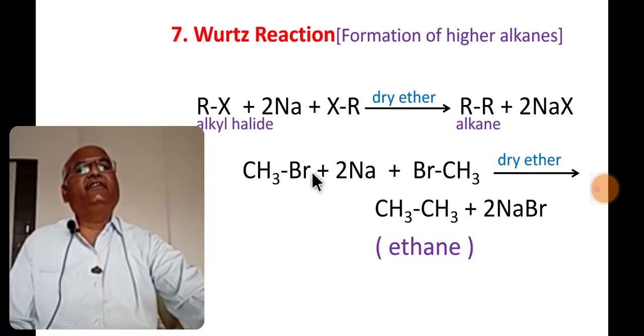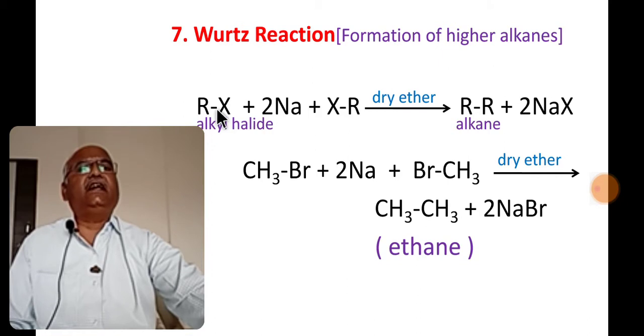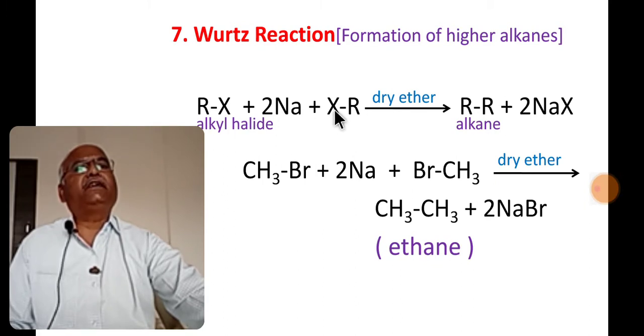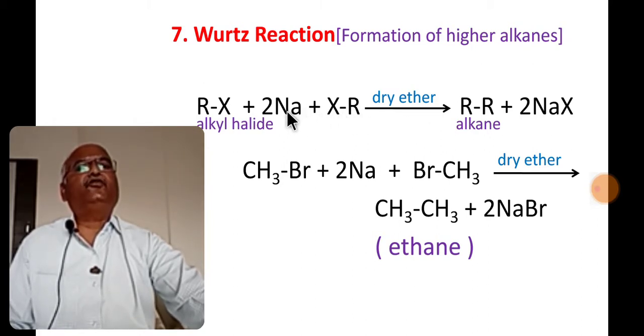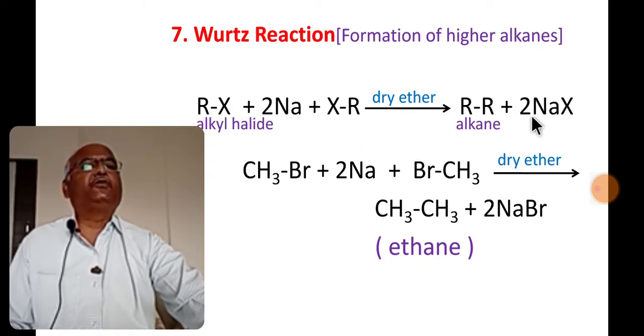So R-X, alkyl halide, is treated with sodium metal. Another molecule of alkyl halide is taken in presence of dry ether. This sodium combines with X, another sodium combines with this X, and two molecules of sodium halide are produced.